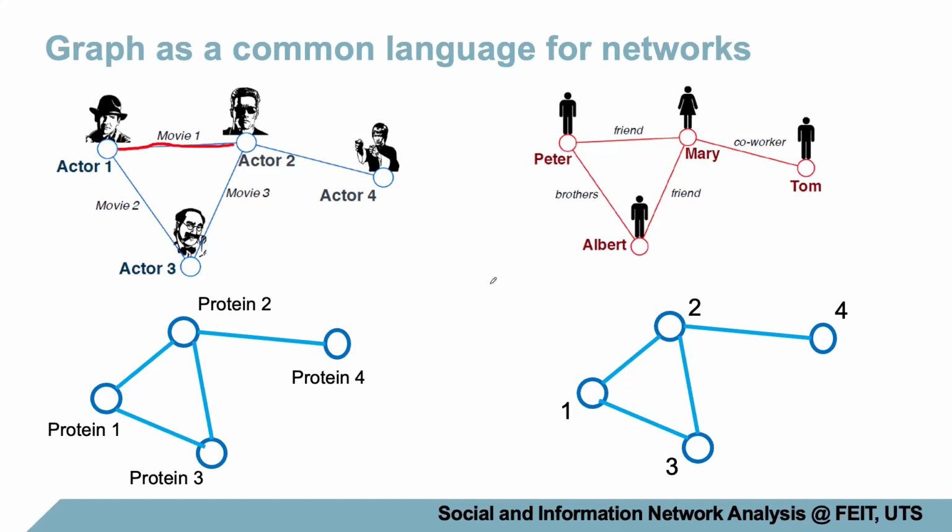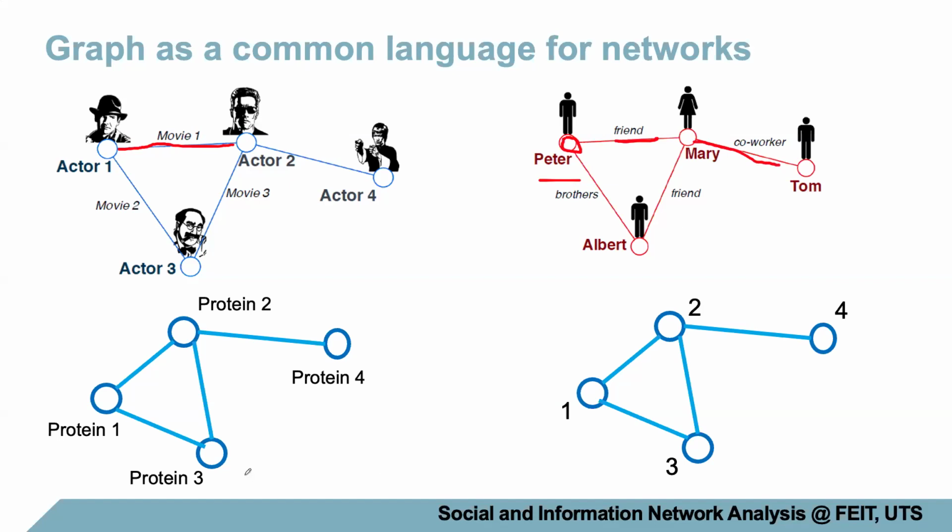Also, a graph can be used to describe a relationship network. For example, here the node represents an individual or person, and the edge represents the relationship between them. For example, Peter and Mary are friends, and Mary and Tom are co-workers.